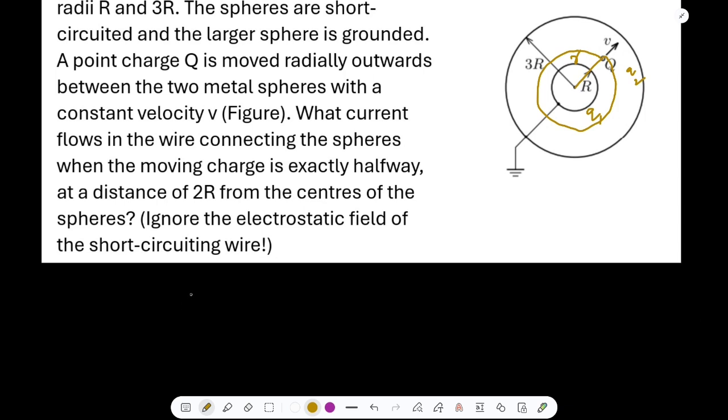simply the potential equation: due to q1 it will become kq1 by 3r, due to charge q it will also become, just outside the surface of the grounded sphere, kq upon 3r, and due to charge q2 also kq2 by 3r, and that becomes equal to 0.